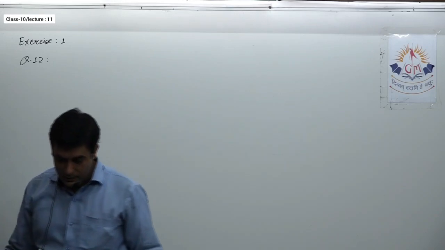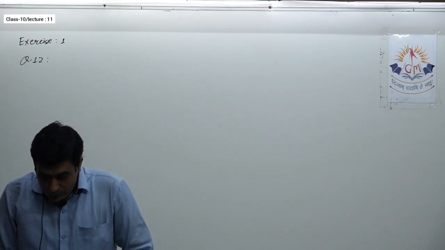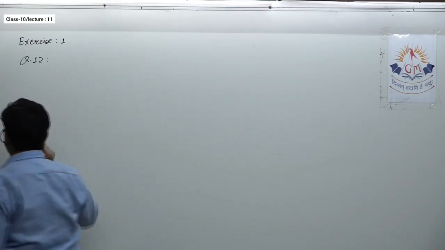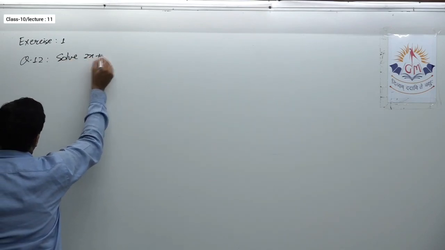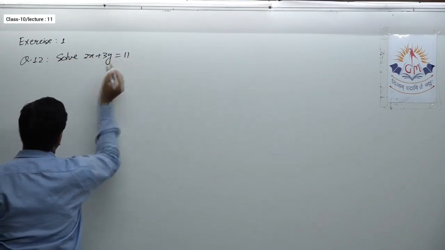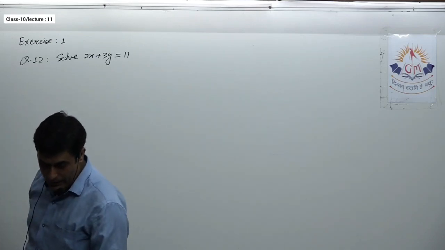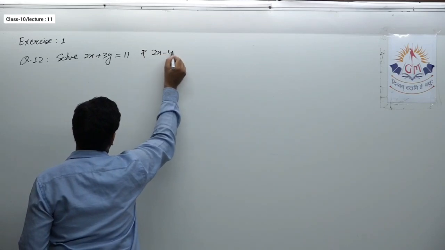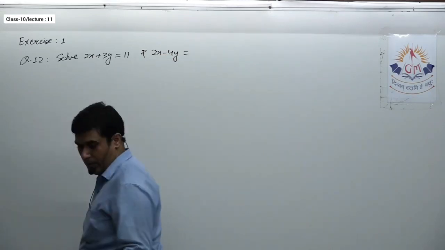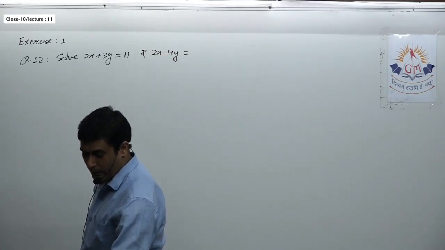The question says: solve 2x plus 3y is equal to 11 and 2x minus 4y is equal to minus 24.